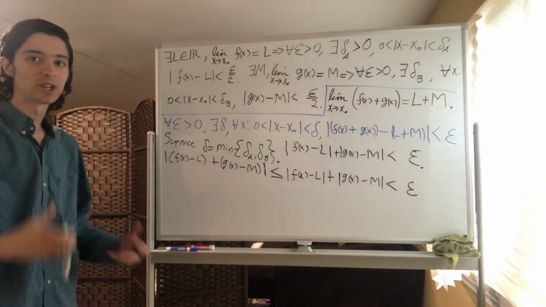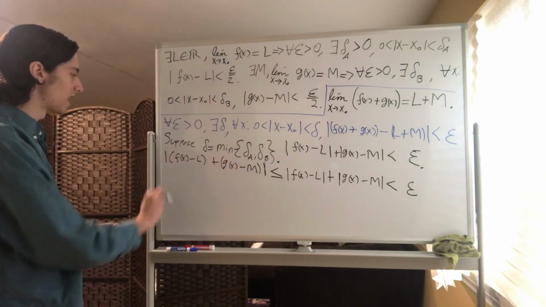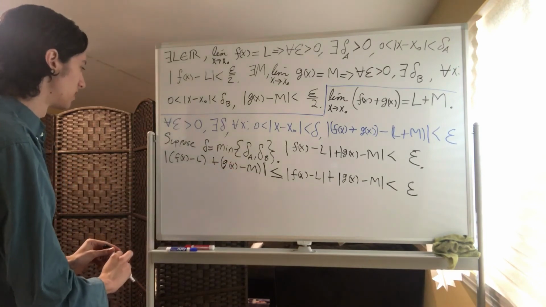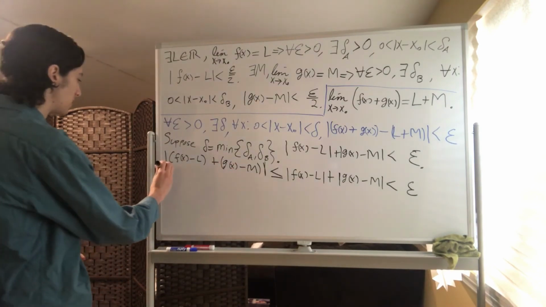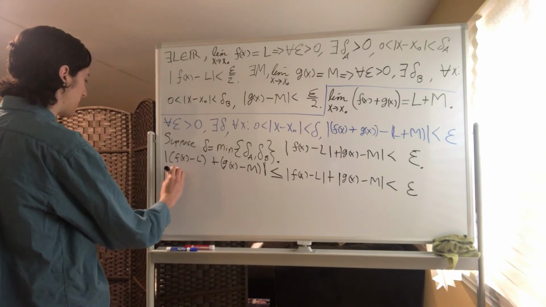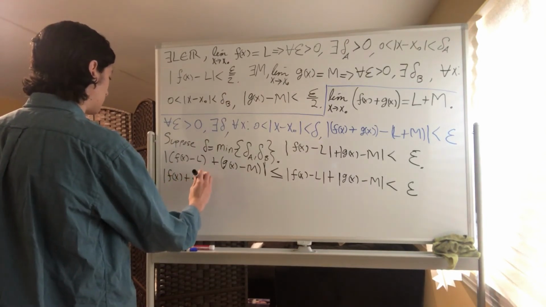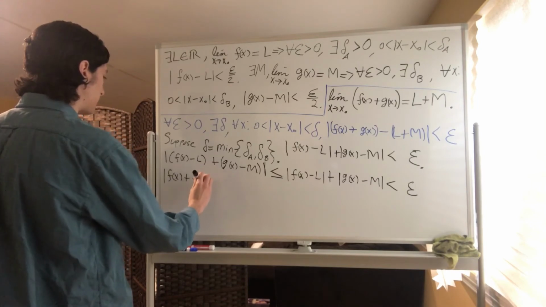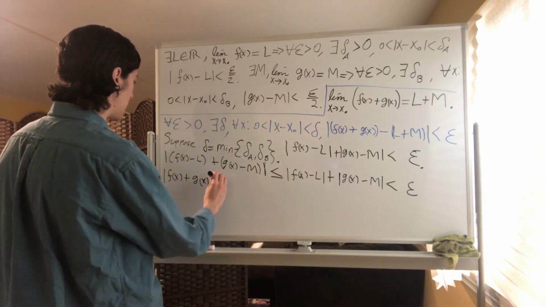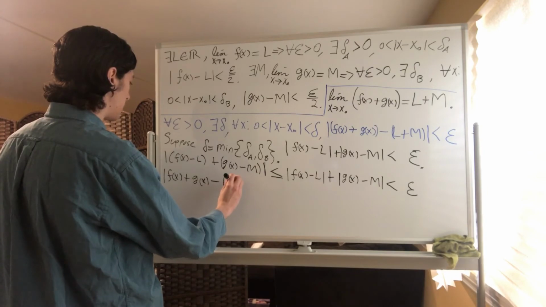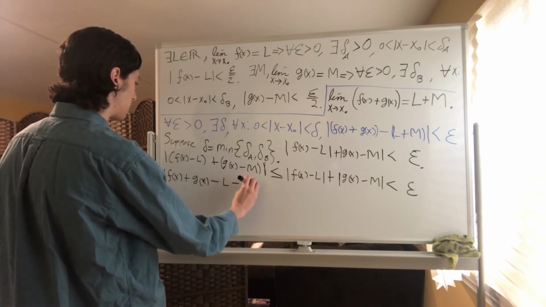And so since we just have this one absolute value, we can actually rearrange some of the things. So we instead can write this as f of x plus g of x minus L minus M, right?